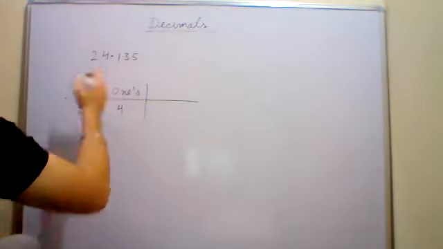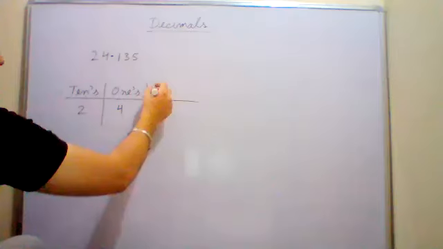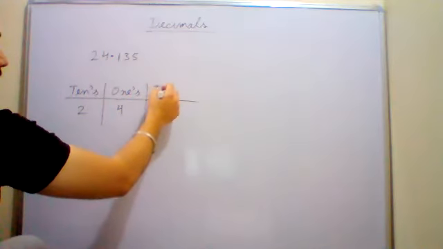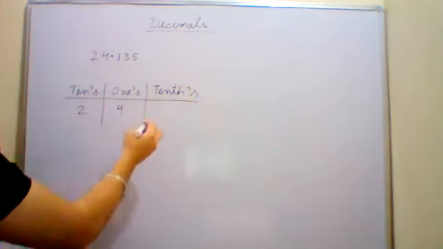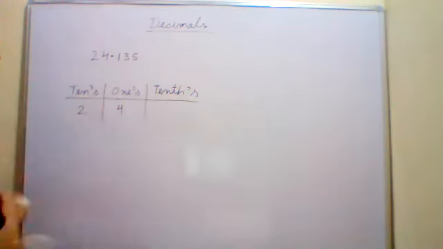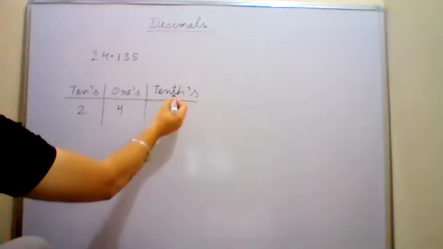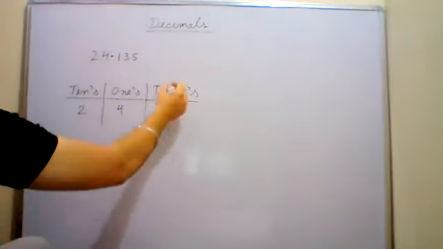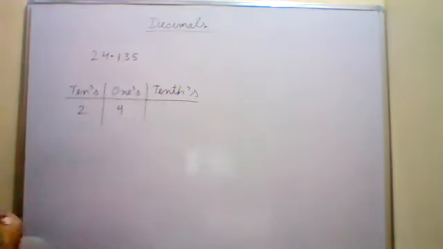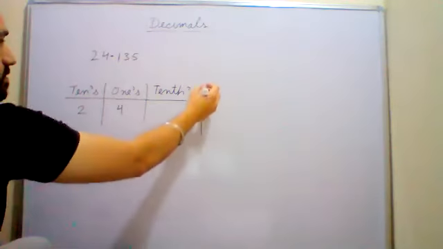The first digit after decimal is called the digit at the tenth place. Tenth. After writing 10, you add TH. So what is the first digit after decimal in this case? Tell me.